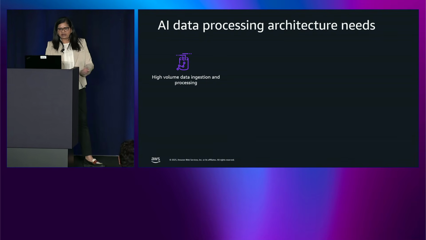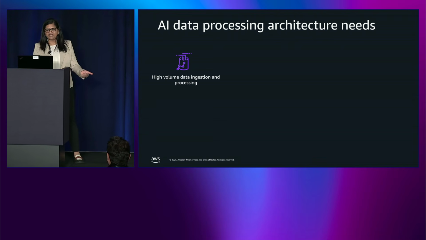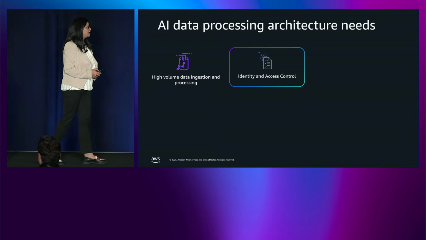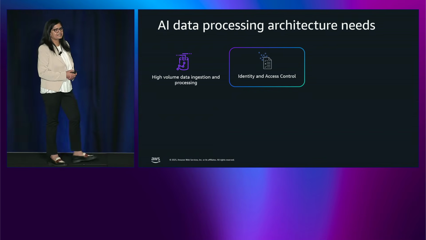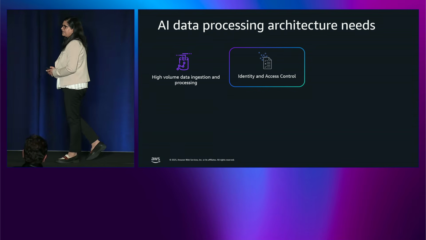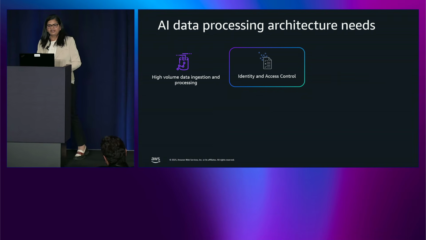So you have data quality demands, you have variety challenges, you have velocity requirements, and then you also want to apply identity and access controls based on those identities. And this identity can be a user ID, a user attribute, or a group association, right?